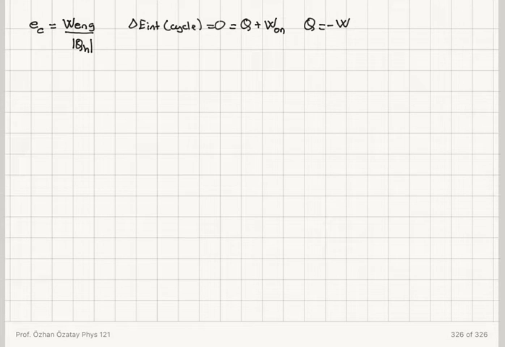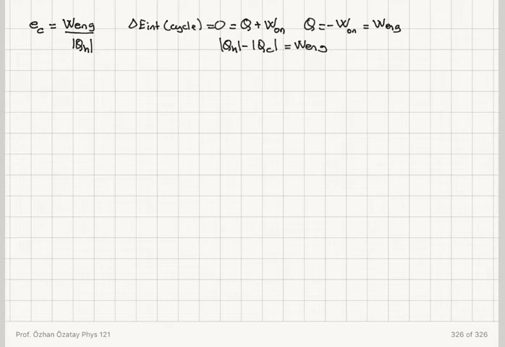So what is the minus work done on the engine? It's the work done by the engine, W engine. So this is the total heat added to the system. I have QH, and there is the heat released by the system, QC, so QH minus QC is equal to W engine.